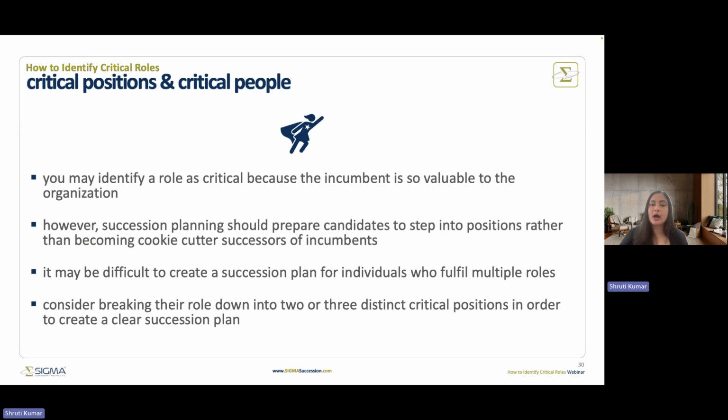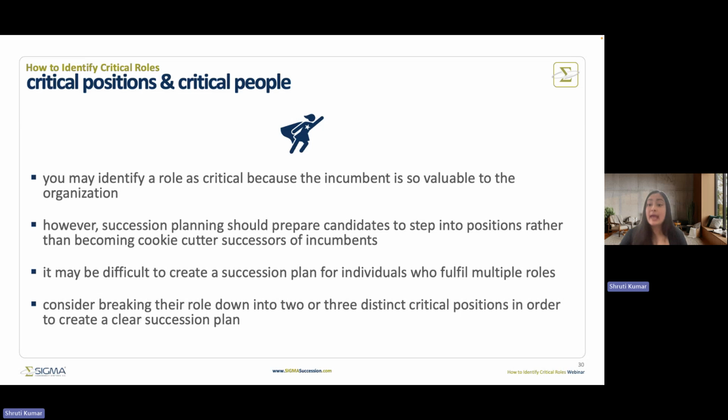Now, I first want to highlight here that there's a difference between a critical person and a critical role. So many organizations have critical people. Critical people may wear multiple hats and they complete a variety of tasks essential for keeping your business afloat. So, you may identify a role as critical because the current employee in that role is so valuable to your organization.